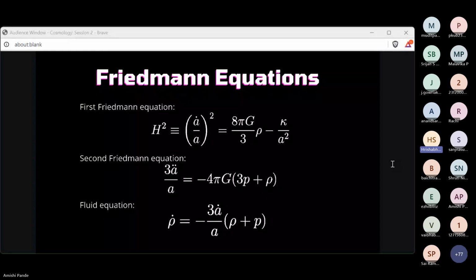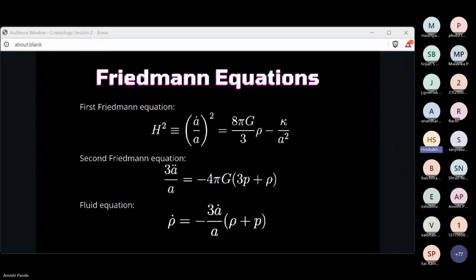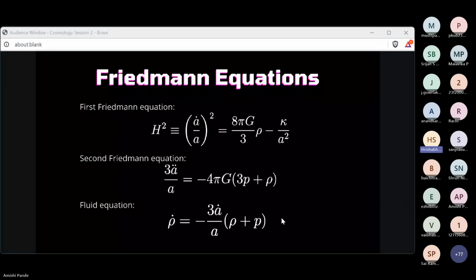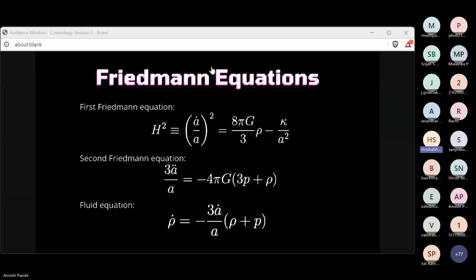I thought it takes only values 0, -1 or 1, but it does not. Since it is 1 by r squared, depending upon the unit used for the radius of curvature, the radius can be less than 1. Like we can say the radius of curvature at some place is 0.2 centimeter. If the radius of curvature is 0.2 centimeter, then the value of kappa in that unit goes to more than 1, or less than -1. So I'll say it can take any value, depending upon the units we're using.